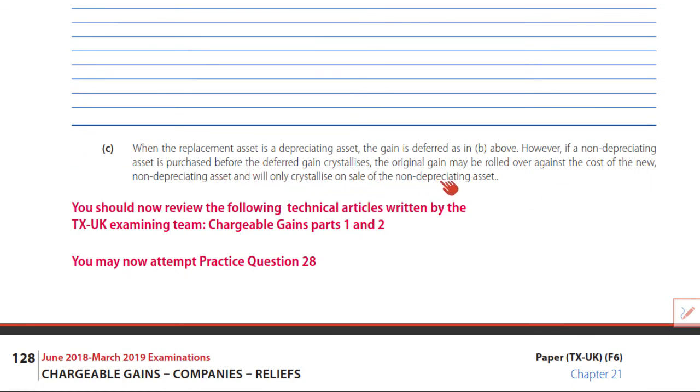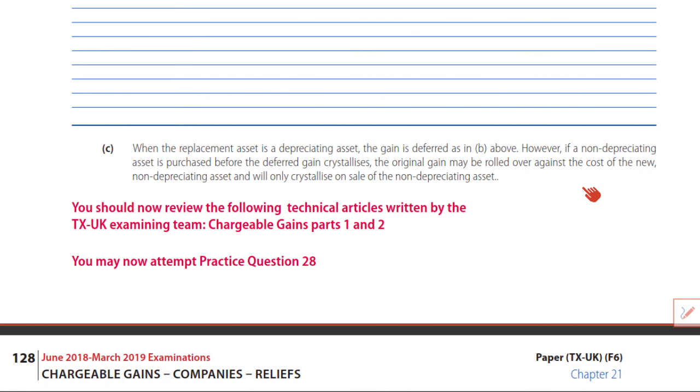a further point here: when a replacement asset is a depreciating asset, the gain is deferred as in B above. However, if a non-depreciating asset is purchased before the deferred gain crystallises, the original gain can be rolled over against the cost of the new non-depreciating asset. The idea there is you sell a freehold and you buy a leasehold, and that allows a deferral through holdover relief to apply.